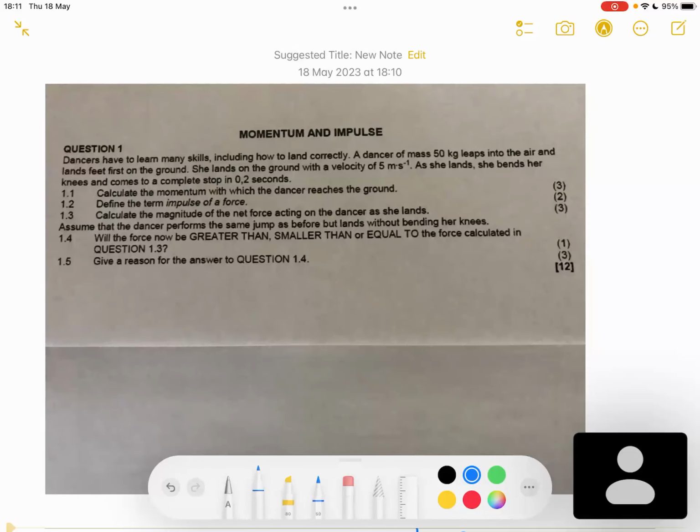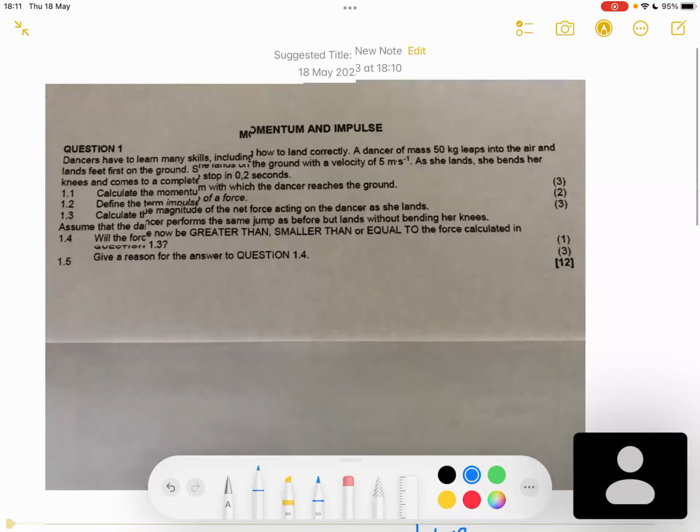So then it says, assume that the dancer performs the same jump as before, but lands without bending her knees. 1.4 says, will the force now be greater than, smaller than, or equal to the force calculated in 1.3?